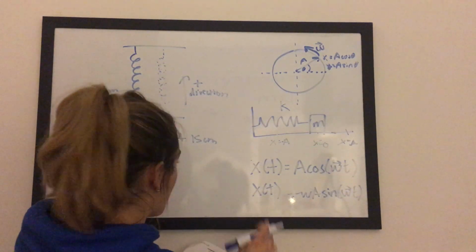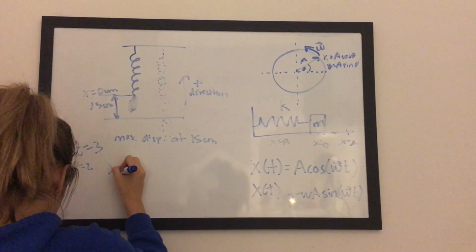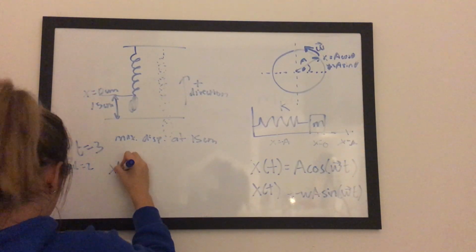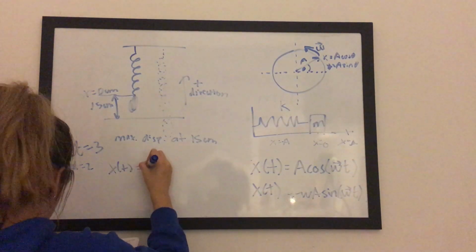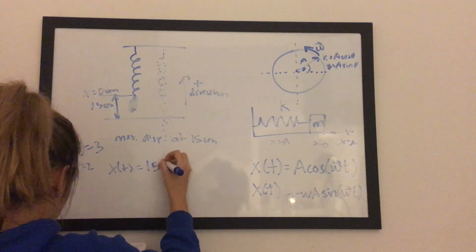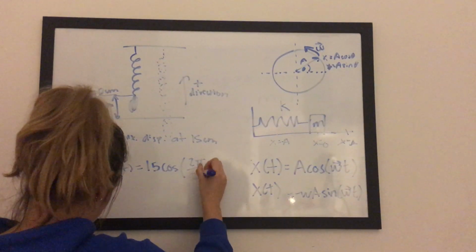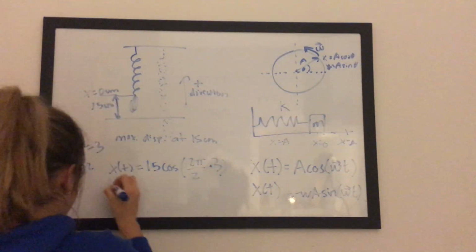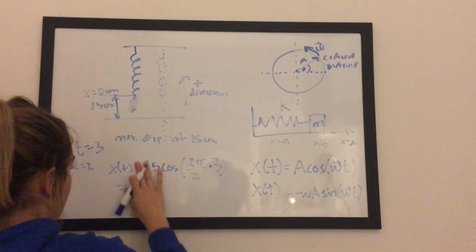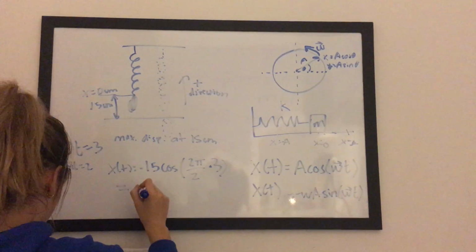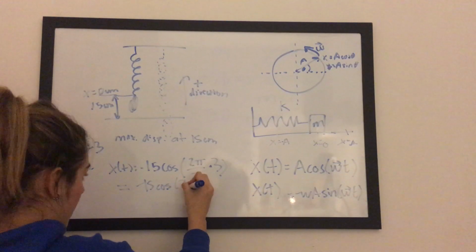Okay, so we can go ahead and plug into this formula, and we get x of t is equal to 15 times cosine of 2 pi over the period, 2, times 3, which is equal to negative 15 cosine of 3 pi.